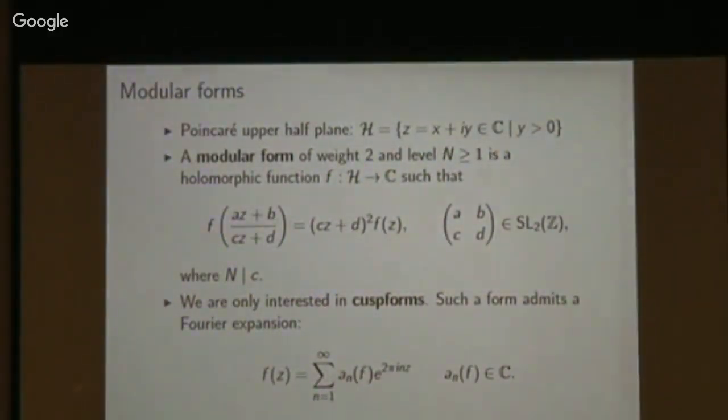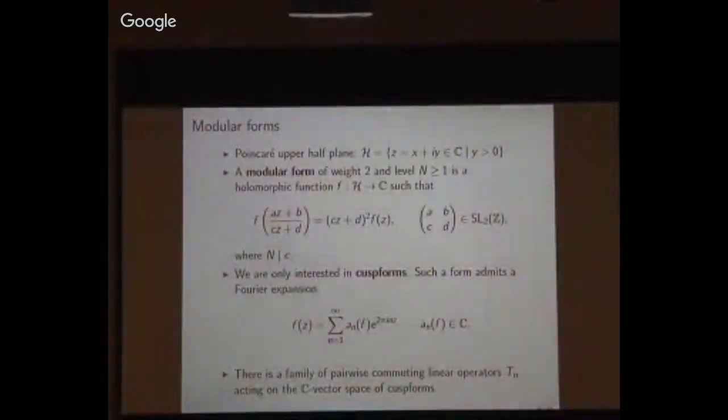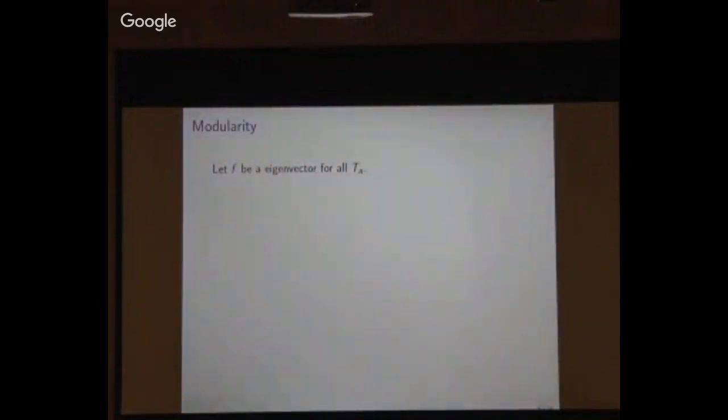The space of modular cusp forms is a finite dimensional complex vector space, and we have a family of commuting Hecke operators. So these are linear operators that act on this space, and they commute. We call them Hecke operators, and we index them by n. Because they commute, we can consider a common eigenvector. So let's say that f is a cusp form which is an eigenvector of all these operators.